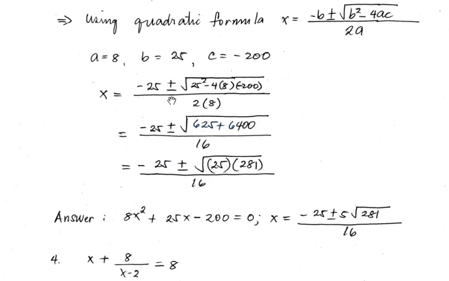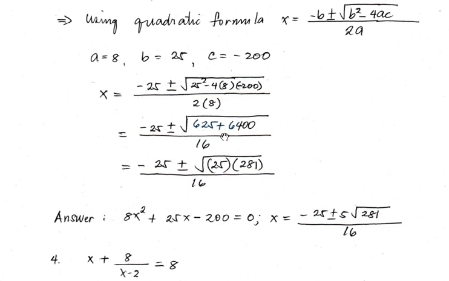We have negative 25 plus or minus the square root of 25 squared minus 4 times 8 times negative 200 all over 2 times a. Then solving the discriminant, b squared or 25 squared is 625.